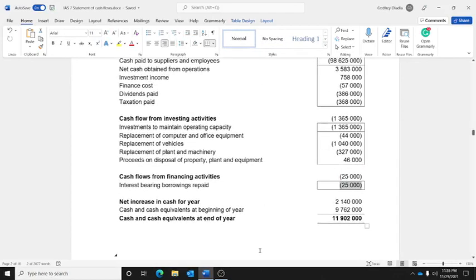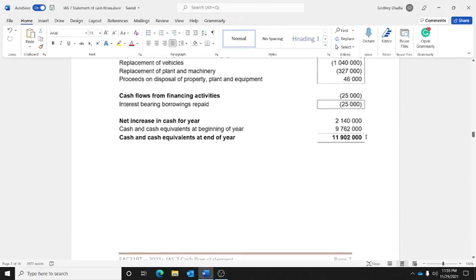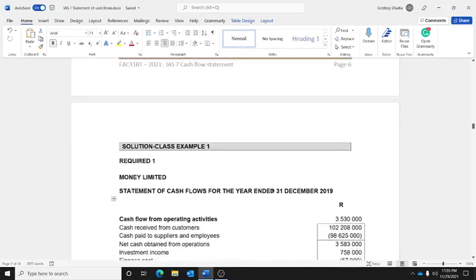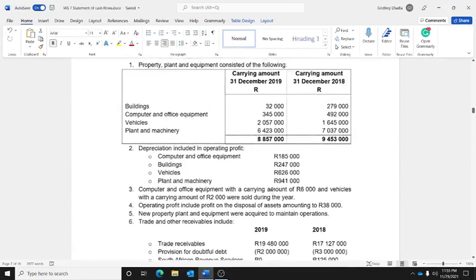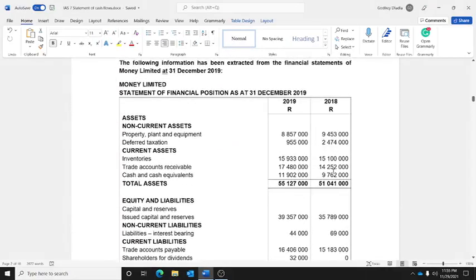Now your cash and cash equivalents, they're given to you. This one you'll get it from these two, the beginning and the end. These two are given to you in the question itself. Here they are. The opening, the beginning one is the 9762, the closing is 11.